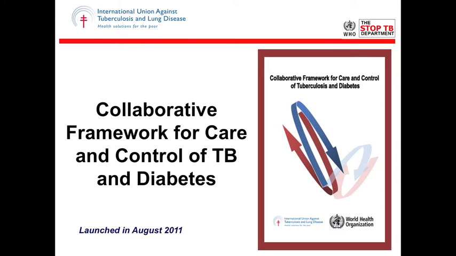So indeed, in August 2011, WHO and the Union launched this collaborative framework for the care and control of TB and diabetes, following very much the WHO policy on TB-HIV collaborative activities, which was first published in 2004 and then again in 2012.